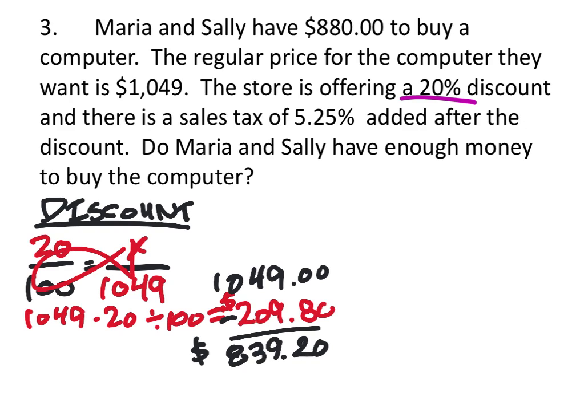Okay, now I'm going to show you a different way to find, and it's kind of a shortcut. Some students like it, some students don't. Again, you get to decide if you like it or not. It's still a percent proportion, but when I solve this proportion, it's going to give me the $839.20 right away. All right, because the 20% is discounted. So really we could think about it not in terms of what the discount is, but how much of the original percentage we're going to be paying, right?